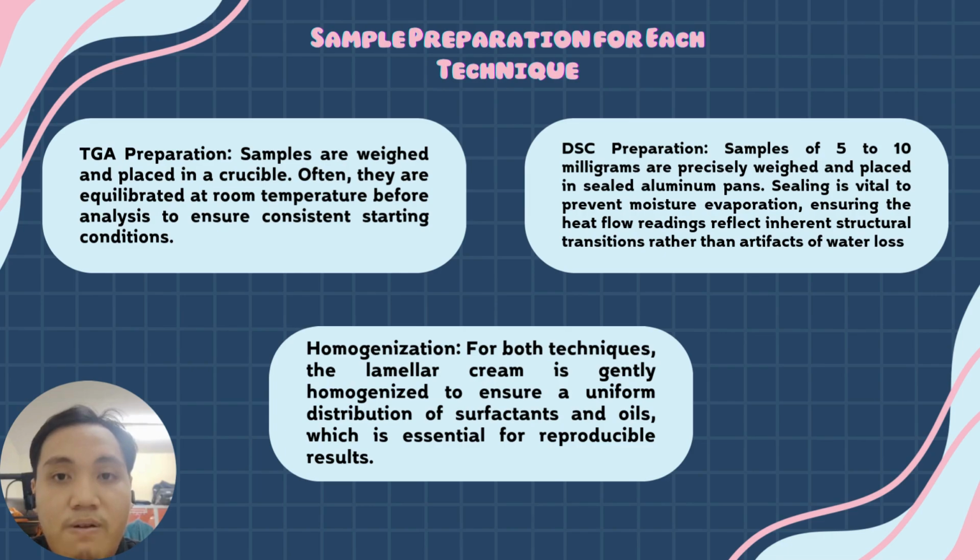Sealing is vital here to prevent moisture evaporation, ensuring that the heat flow readings reflect actual structural transition rather than just water loss. For both techniques, homogenization is key. The lamellar cream must be gently homogenized to ensure surfactants and oils are uniformly distributed for reproducible results.